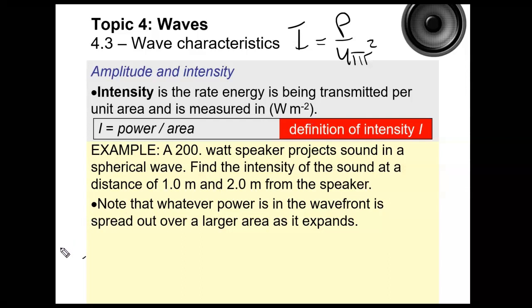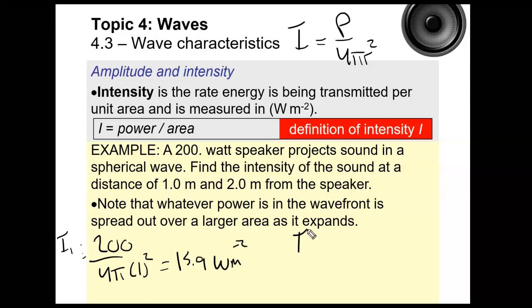And so for the first intensity, let's call it I1, the power is 200 watts, and we're dividing by 4 pi times 1 squared. And so I will put that into my calculator. 200 divided by 4 pi, and I get 15.9 watts per square meter.